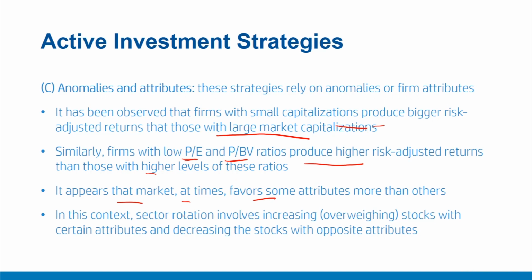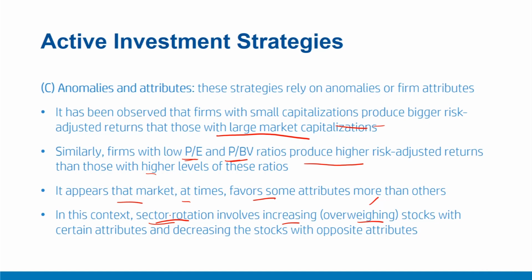In this background, there is a strategy of sector rotation, which involves increasing the weight of certain stocks, for example, increasing the weight of small stocks in your portfolio, and when the benefit has been accrued, then equalizing that. The idea is to benefit from those attributes that the market favors, increasing their weights and decreasing the weights of stocks with opposite attributes.